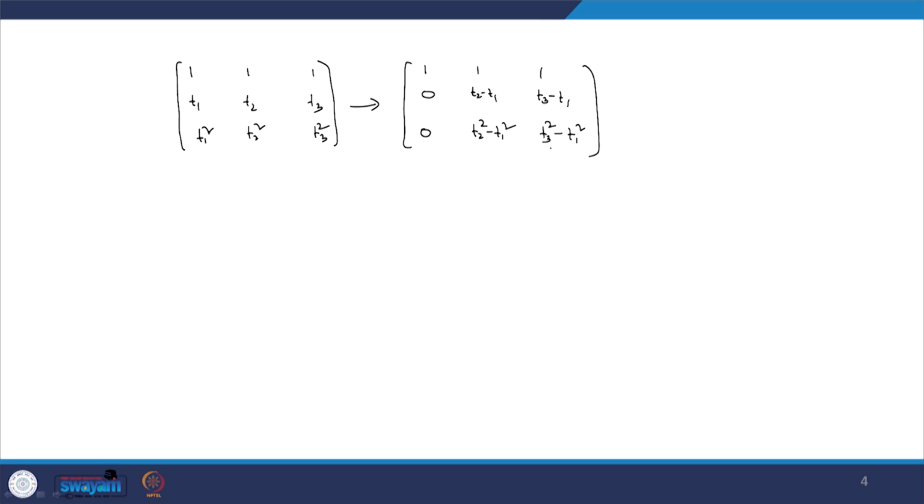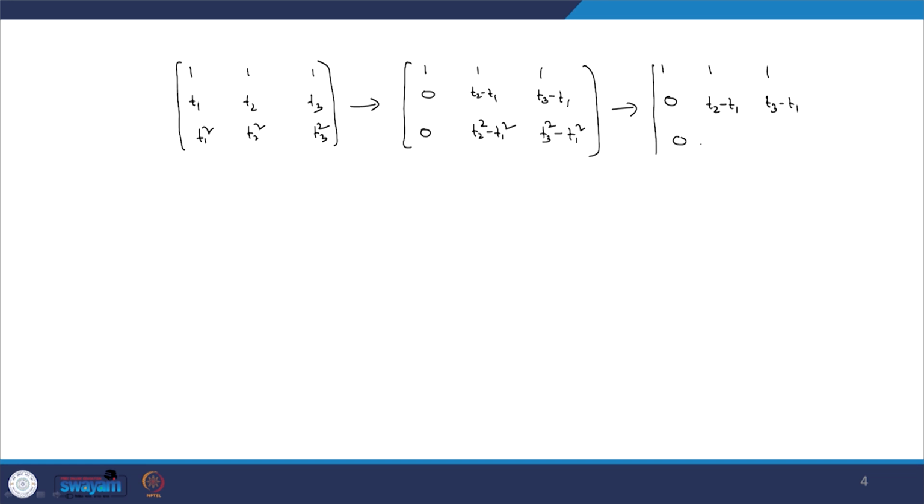Then, one more step: I keep the second row as it is, because since t1, t2, t3 are distinct, certainly t2 minus t1 is non-zero.